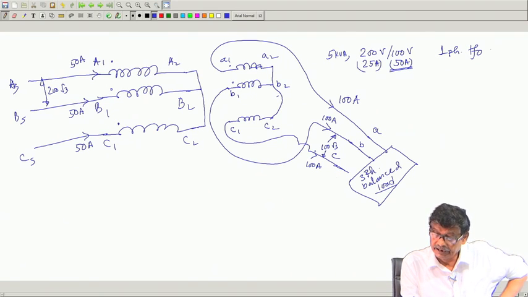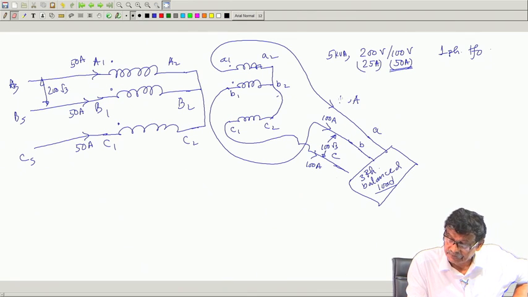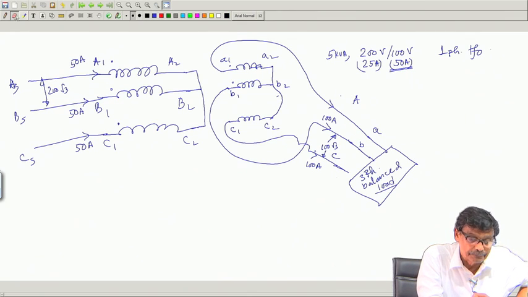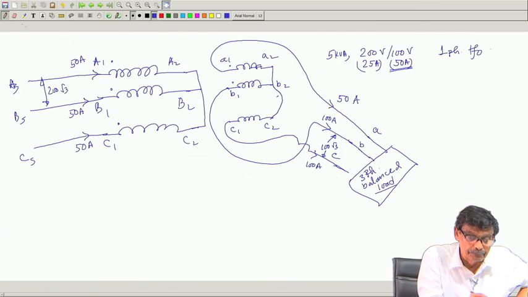Oh, sorry, this one is the LV side, I will allow 50 ampere. So, the rated current is 50 on the LV side, and if it is 50 it will be 25 on the HV side, thank you for pointing out this. So, this is 25, please correct that.